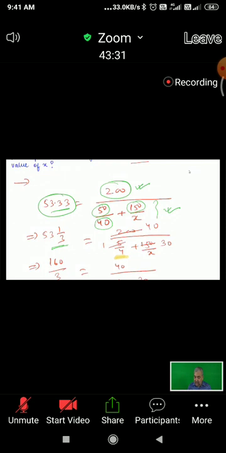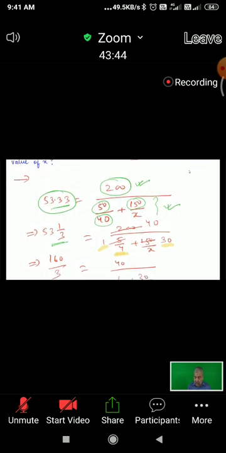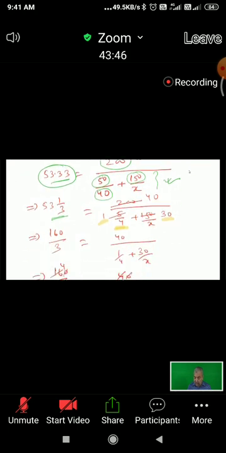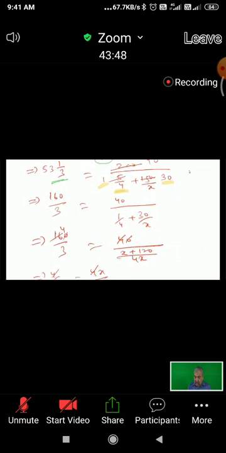So you can cancel 5 from numerator and denominator. 5 into 40, 200. 5 by 5, 1 I have written here. And 150 by 5, 30 I have written here. So moving further, this is 40 by 1 by 4 plus 30 by x. Take the LCM of 4 and x, that is 4x. And 4x by 4, that is x into 1, x I have written here. Then 4x by x, 4 into 30, 120 I have written here. And here 0 and 0 you can cancel in the numerator.